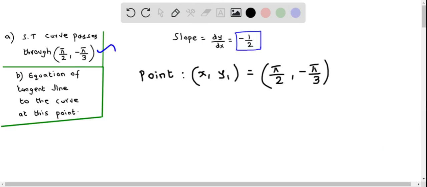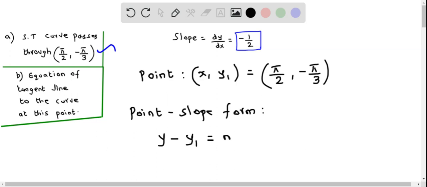Now that we found the slope of the curve at the point, we can find the equation of the tangent line using the point slope form of a line. So we utilize the point slope form, and that is y minus y1 equals m times x minus x1, where m is the slope of the line.